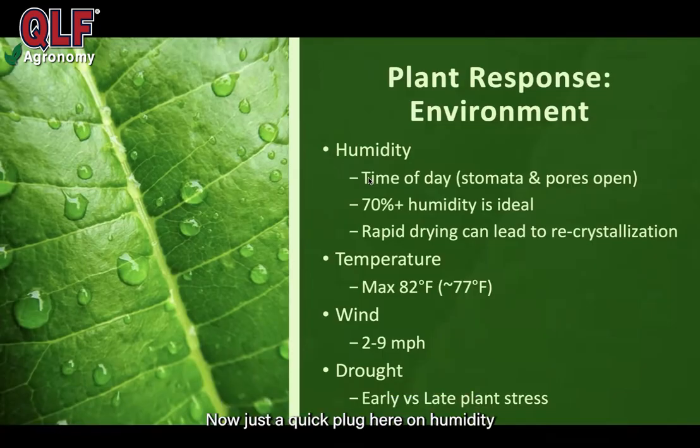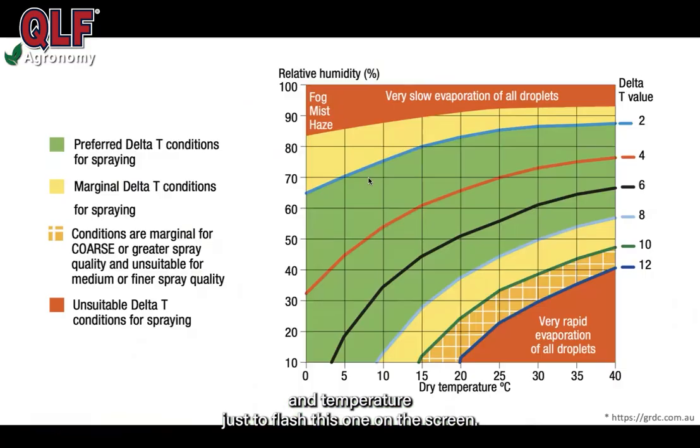Now, just a quick plug here on humidity and temperature, just to flash this one on the screen. If anyone's not familiar with this, you can Google image search Delta T. I'd highly recommend it. It plots the relationship between humidity and temperature. You guys would have to look up a Fahrenheit version here, but you look up your current humidity and your current temperature, and you follow those two lines across.